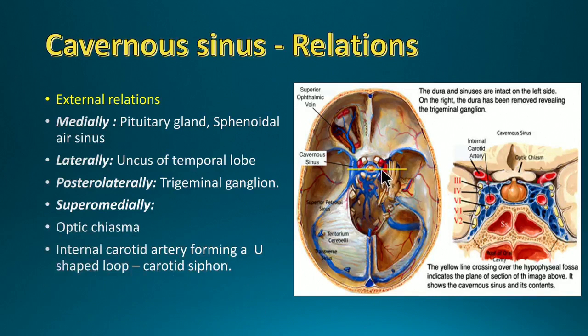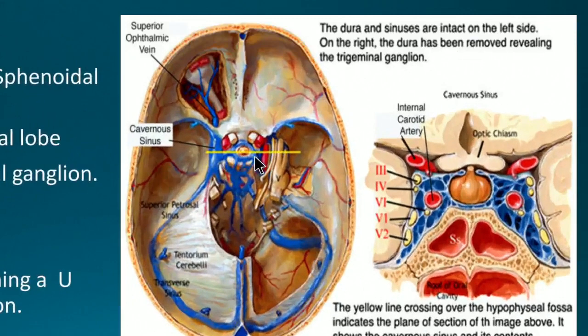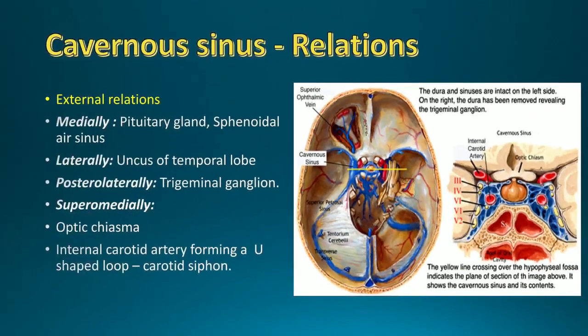See here the internal carotid artery, which is traveling within the sinus, then turns upwards medial to the anterior clinoid process, thereby forming a superomedial relation with the cavernous sinus. That turning part is called the carotid siphon. So superomedially it is related to the optic chiasma and the internal carotid artery forming the carotid siphon.